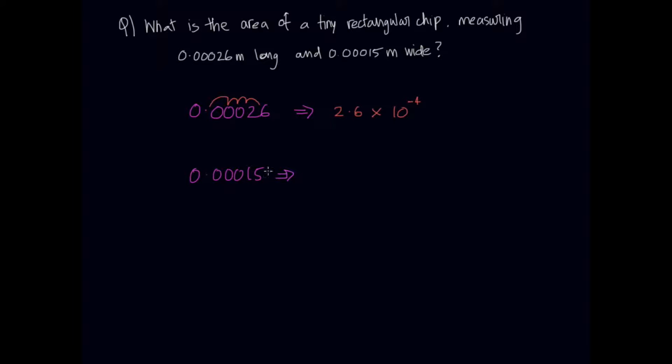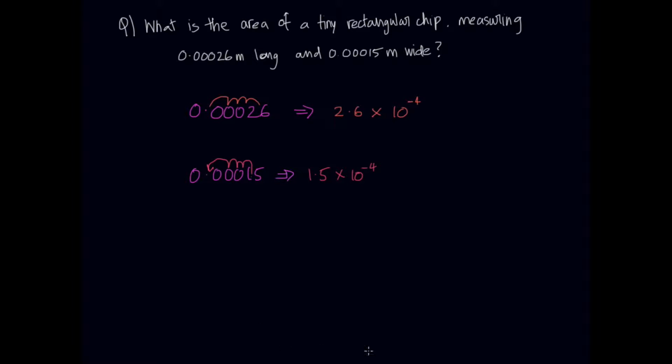So I have to put the decimal here and make it 1.5, right? 1.5, and that times 10 to some power has to give me back this value. So if I put the decimal here, I need it to move 1, 2, 3, 4 places to the left. And if I want it to move to the left, it has to be negative. So this would be the scientific notation of this.